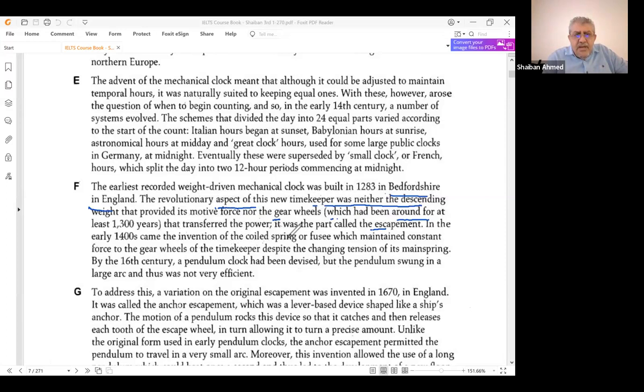The pendulum clock had been devised. The pendulum swung in a large arc, and that's not very efficient. So here he said they developed a new cabinet shape for a type of timekeeper.